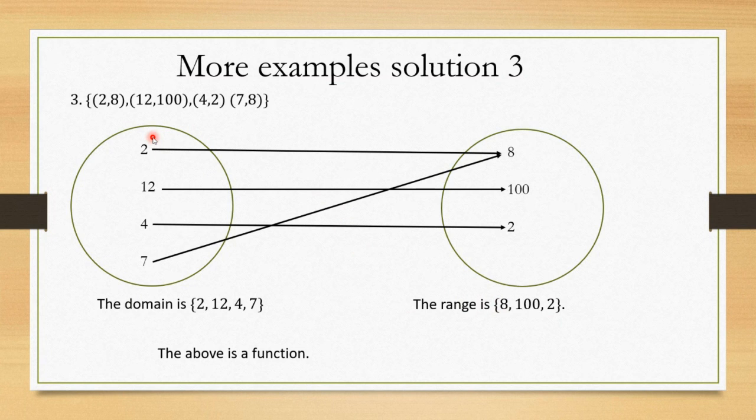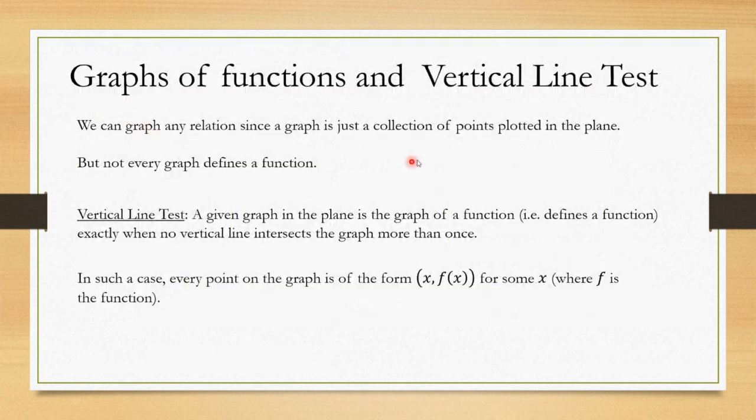You should immediately be thinking that because remember, a graph is nothing more than just a collection of ordered pairs, you know, points plotted in the plane. That's all it is. So really, from any relation, you can get a graph. That's what the first sentence is saying. Going back to our definition of what a graph is, it's just a collection of plotted points.